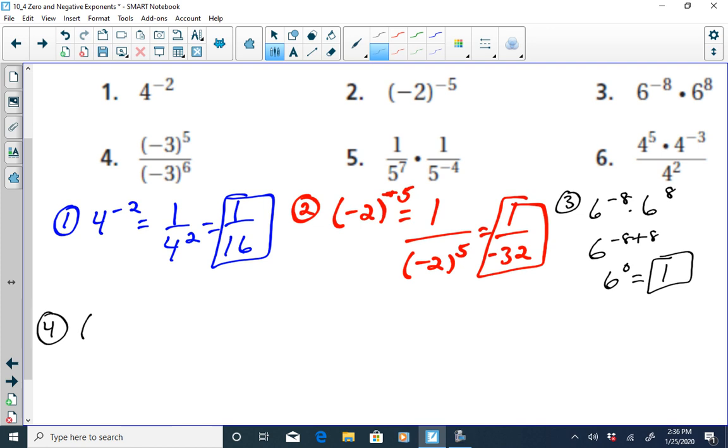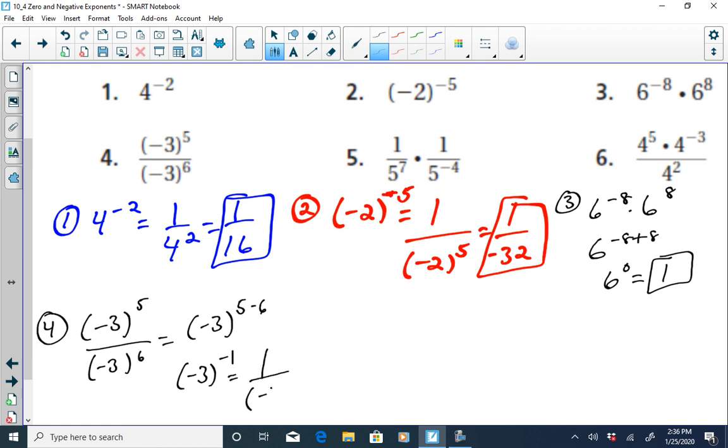Problem 4, right, negative 3 to the 5th over negative 3 to the 6 is the same as negative 3 to the 5 minus 6, which is the same as negative 3 to the negative 1 power, which is the same as 1 over negative 3.